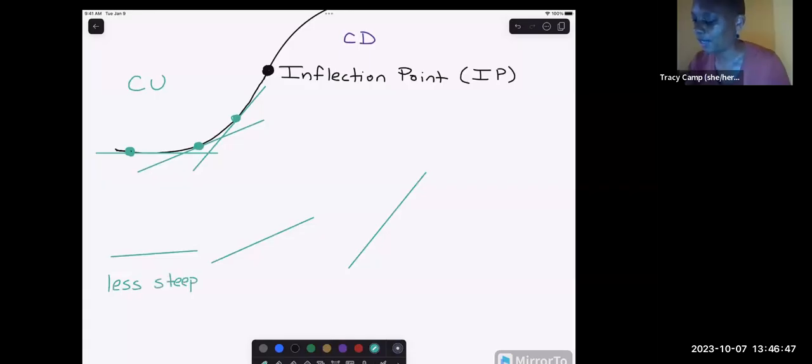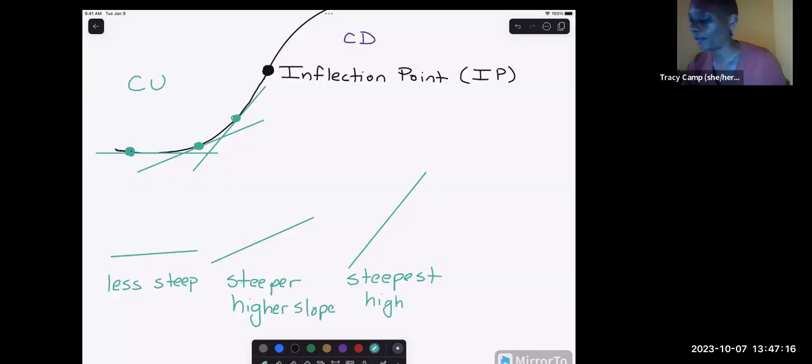The line in the middle is steeper than that. And the line on the right is more steep than all of them. It's the steepest. And basically, the steeper the line, the higher the absolute value of the slope. So this line has a higher slope than the line on the left. And this line over here has the highest slope.